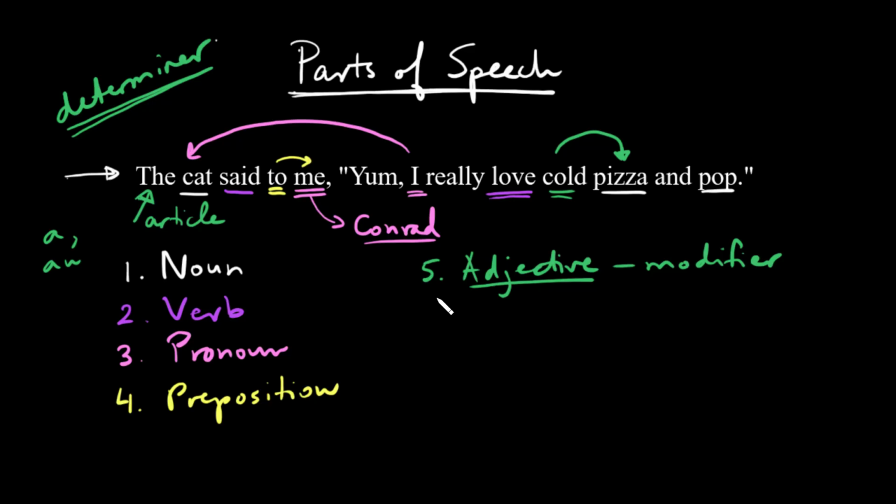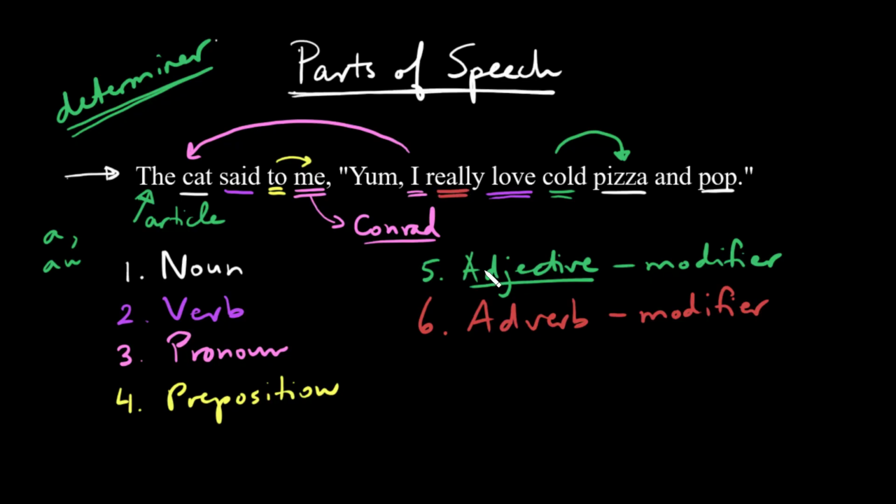Now our 6th part of speech is the adverb. And an adverb is a tricky word. It's also a modifier. But this modifier doesn't just modify one thing, it modifies lots of different things. Often it modifies the verb, and you can see that here with really.